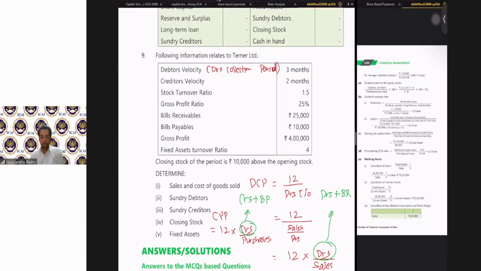Is this clear, Sapna? I hope this is fine. Debtors velocity and creditors velocity are the same as debtors turnover and the debtors collection or creditors payment period.